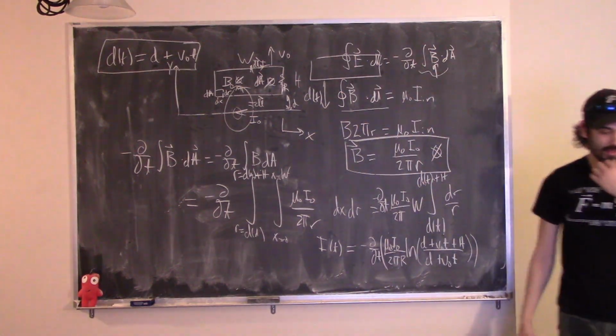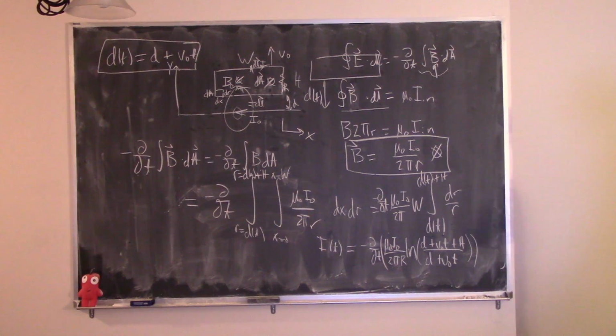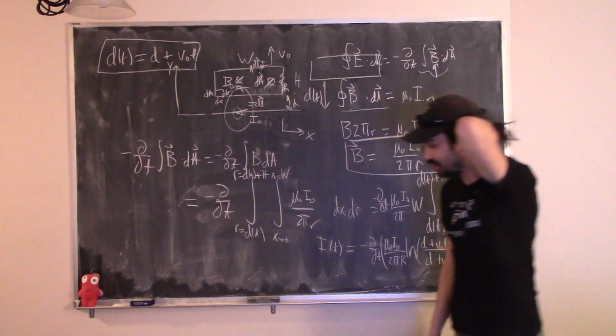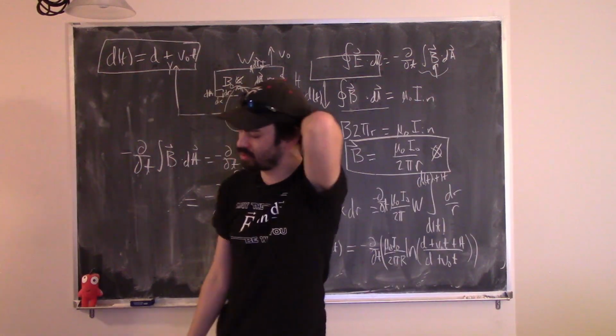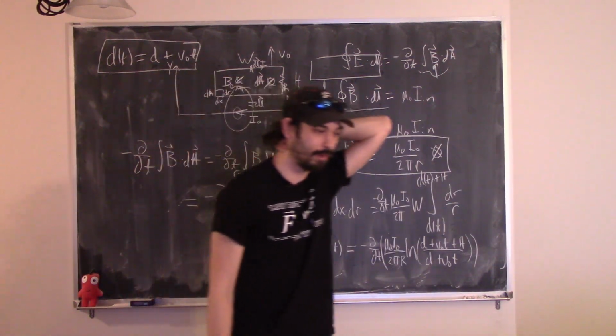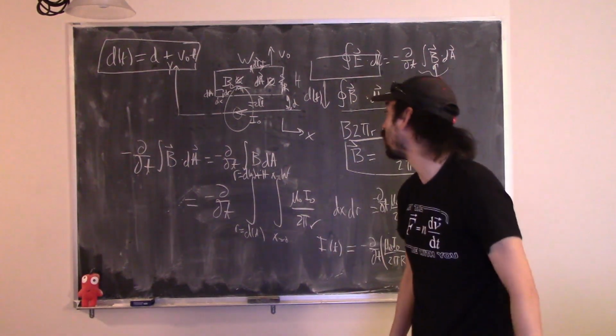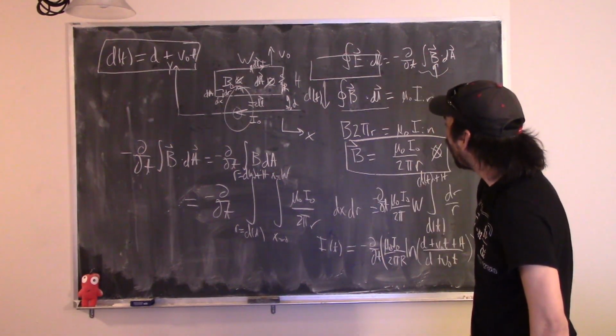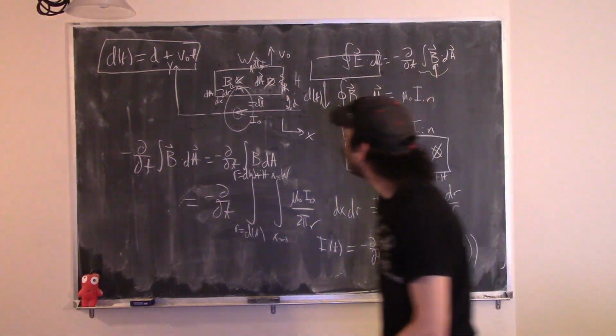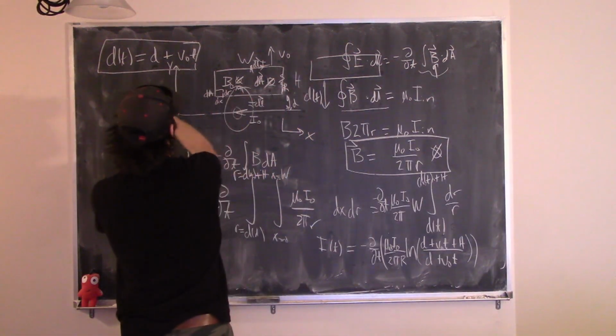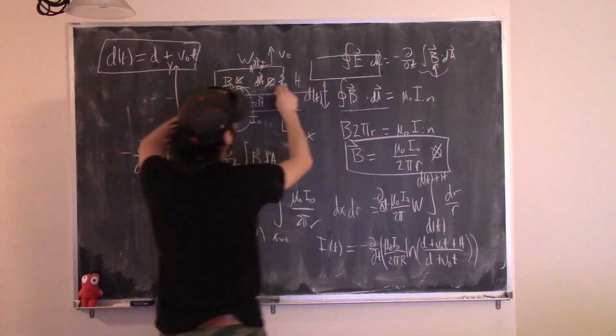Now, an interesting question that could be asked, and I already wrote the exam, so I can't ask this anymore, and it's probably a better question for a midterm than a final, because like I said, I don't want to make the final too difficult, is what's different about this if this portion right here is fixed.